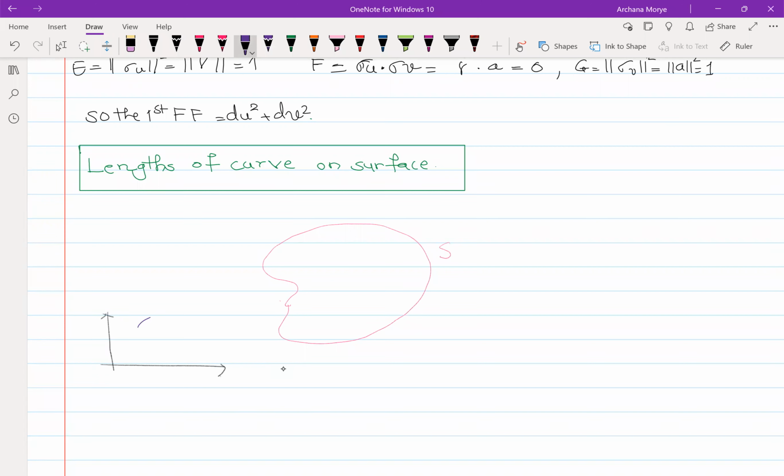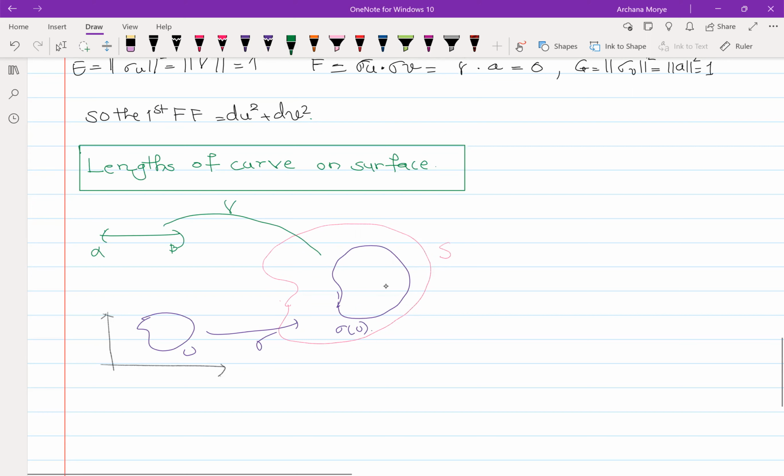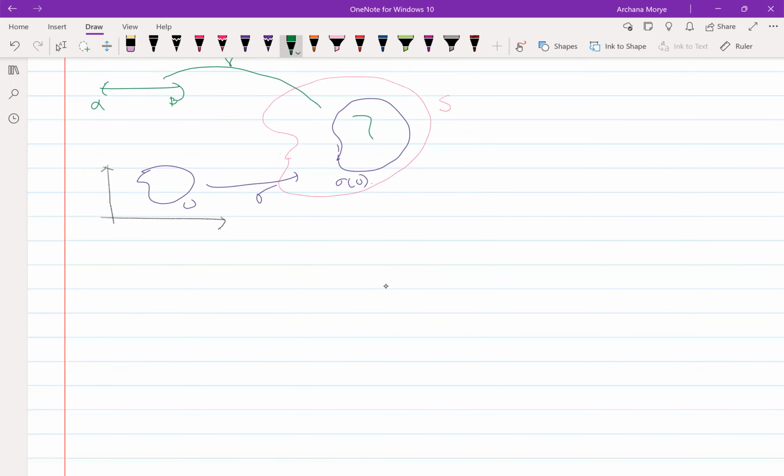So we have U given, sigma is given, so I have sigma of U. Our assumption is that this curve gamma will lie within the surface. So this is my gamma.